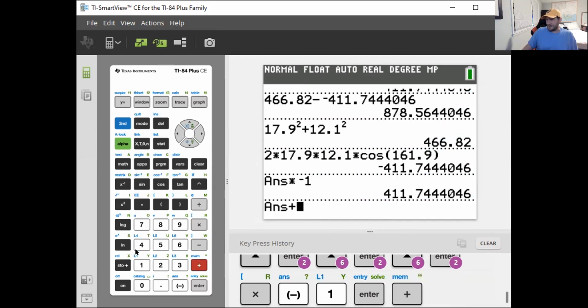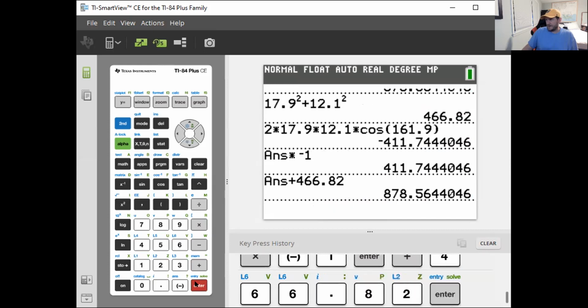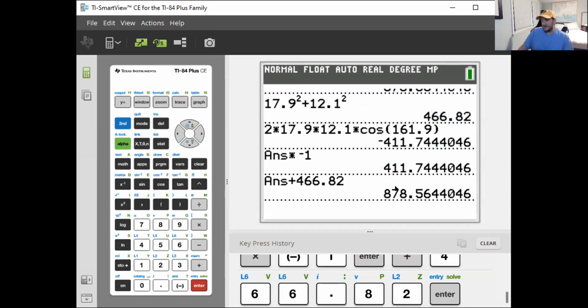You can type in the other one, 466.82, enter. And again, maybe I'm telling you stuff you already know, but I do find that students have not thought this stuff through all the way. A lot of times when I tell them some of these calculator tricks, they're shocked and they did not know them. So forgive me if you already knew it, but hopefully that's helpful to somebody.